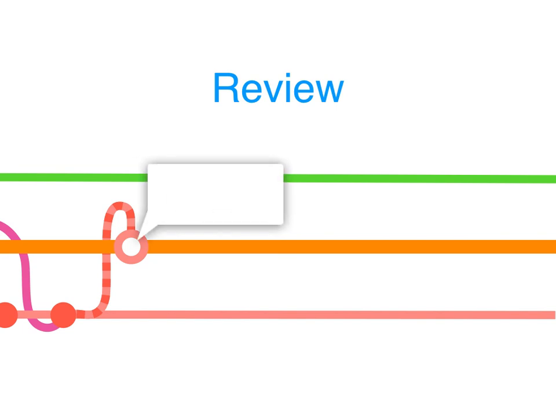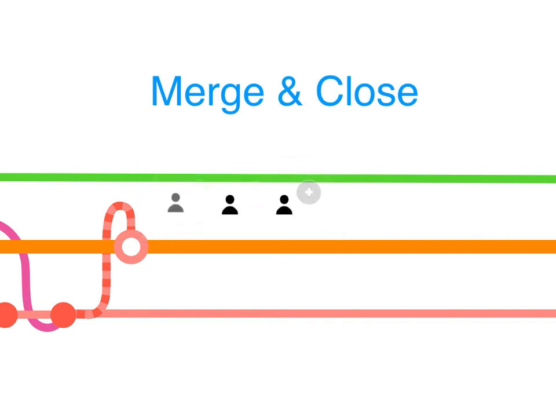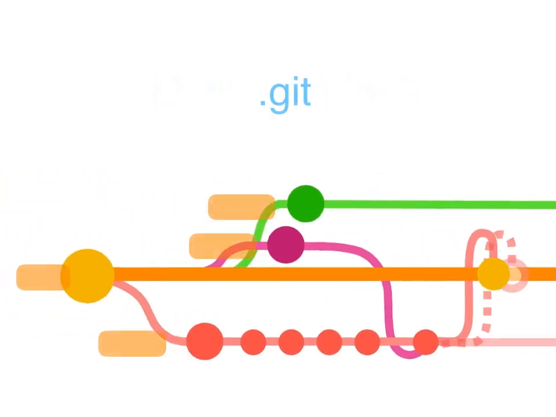Your first friend might approve the changes, whereas your second friend might not, and you can address the changes in order to resolve what they've said, and eventually everyone would agree. Once the review is done, you are free to merge, and that merge is going to be reflected as a commit, and you can delete the branch.